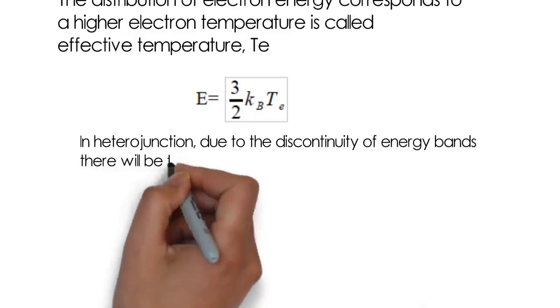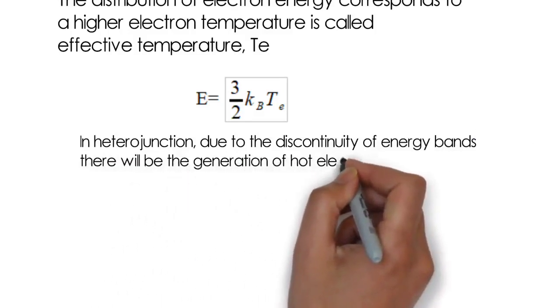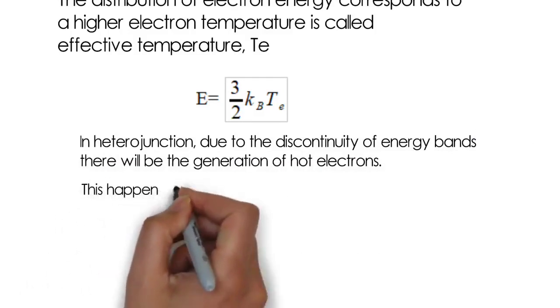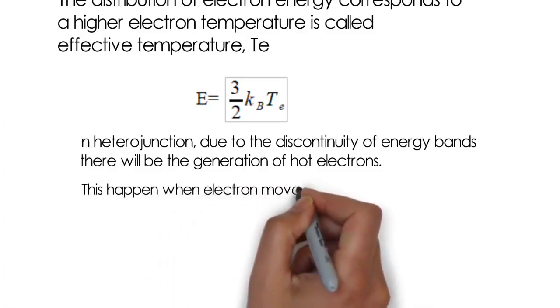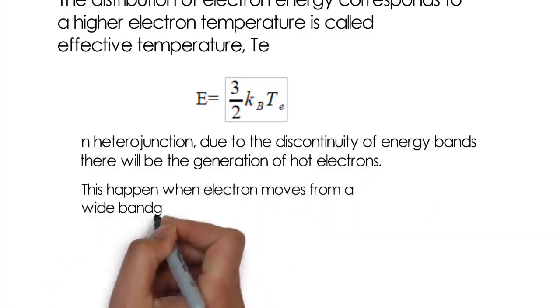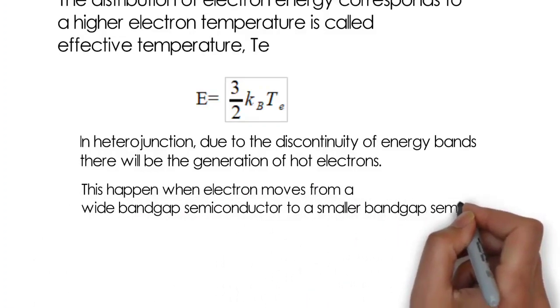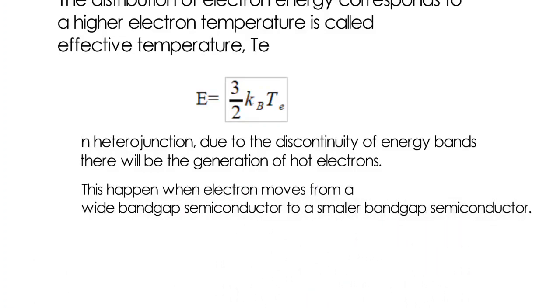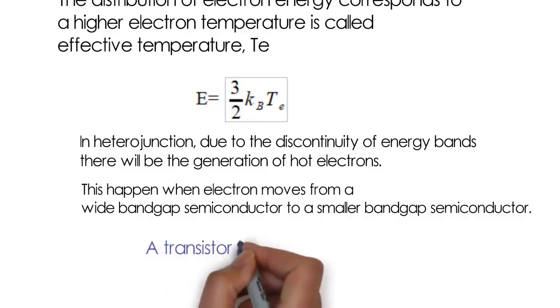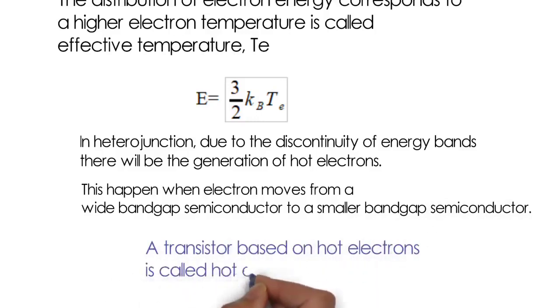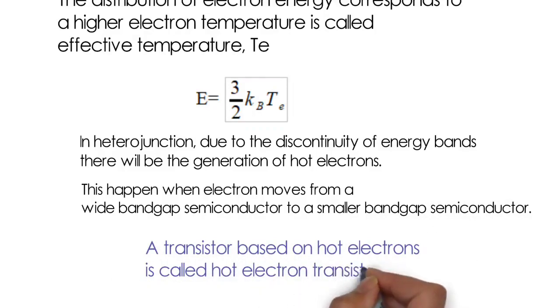Due to this discontinuity, there will be the generation of energized electrons or hot electrons. This happens when an electron moves from a wide bandgap semiconductor to a smaller bandgap semiconductor material. And a transistor based on this principle, or based on hot electrons, is called a hot electron transistor.